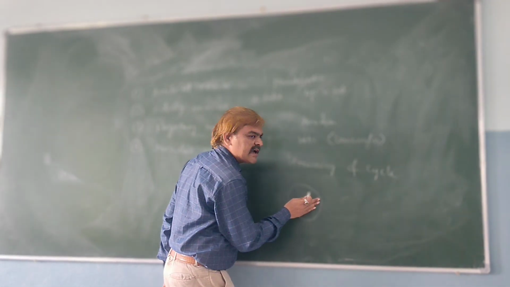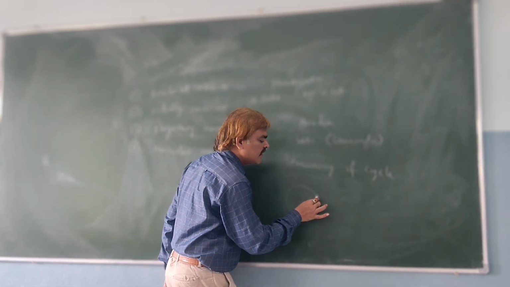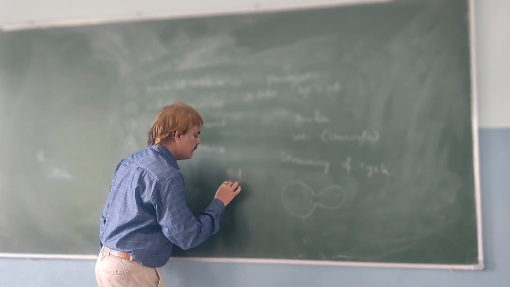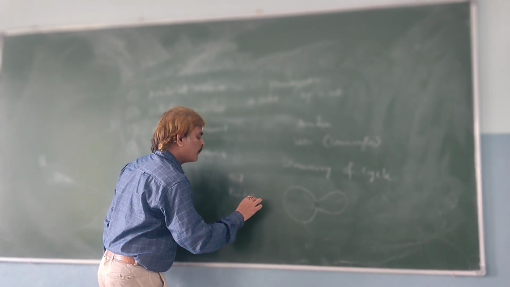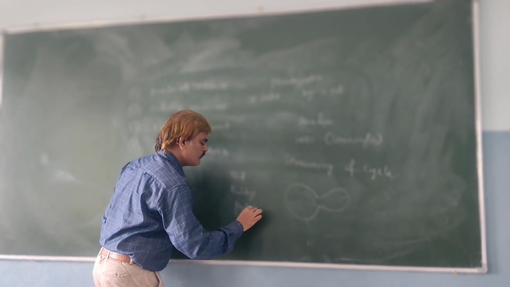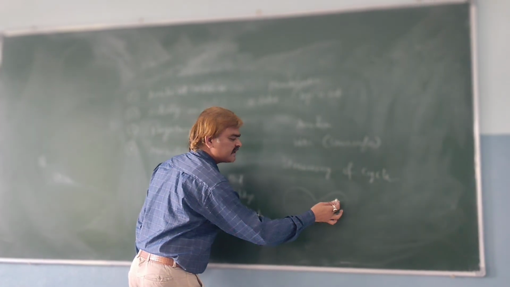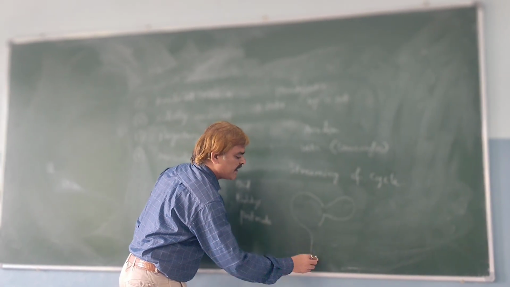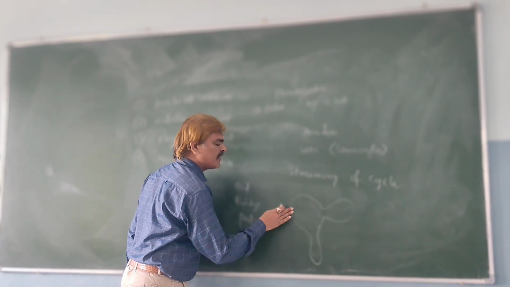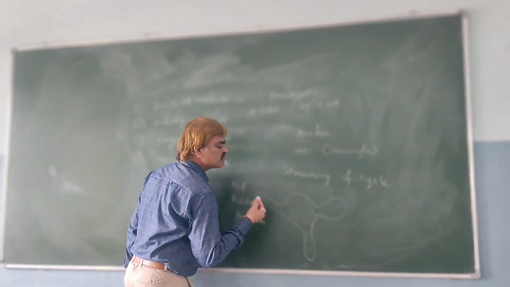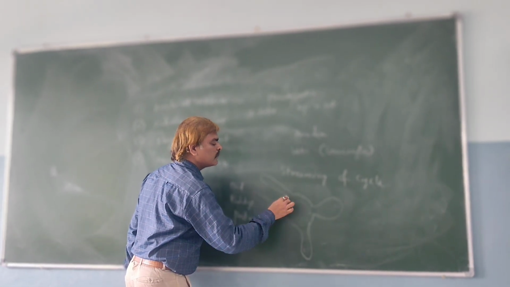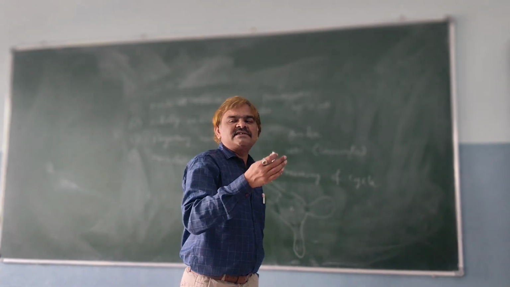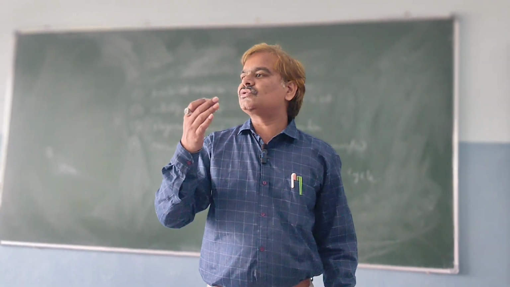Whenever the cytoplasm moves, a bulge will appear. It is called a bud, bulge or protrusion. Because of that, one pseudopodium will be formed. Again, if the cytoplasm streams here, one more pseudopodium will be formed, and here one more, and here one more. That is how, by the streaming of the cytoplasm, the amoeba forms the pseudopodia.